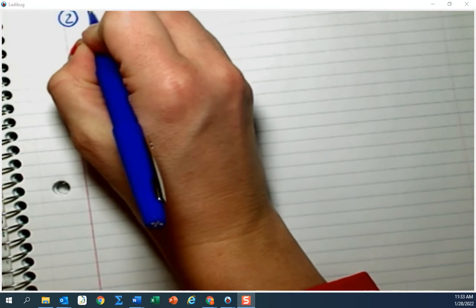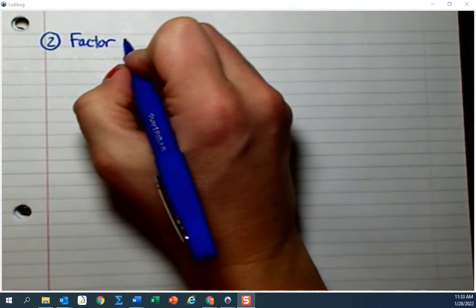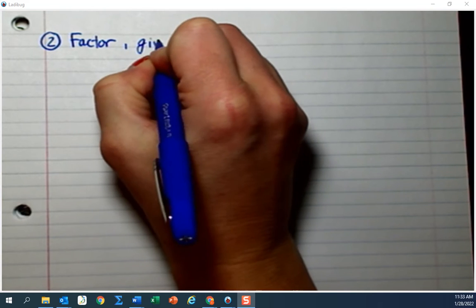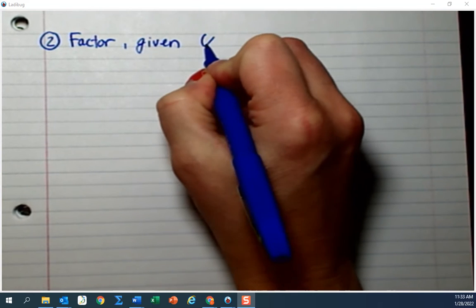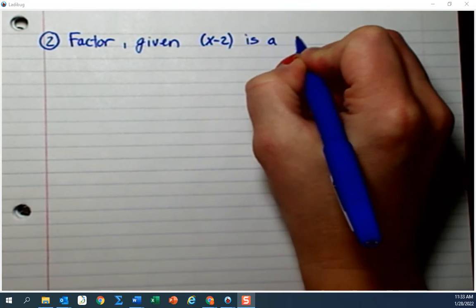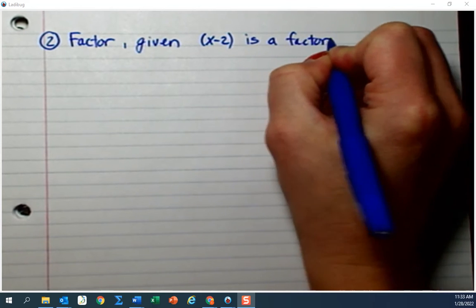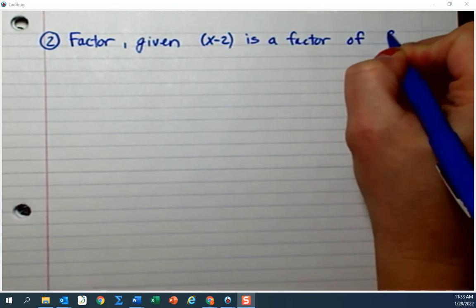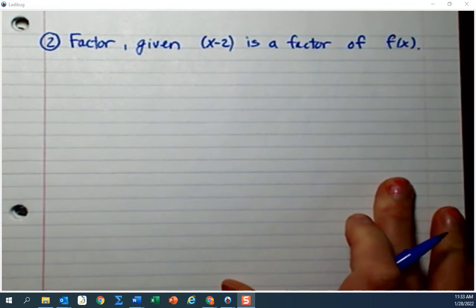Second question. Factor. Given x minus 2 is a factor of f of x, okay?